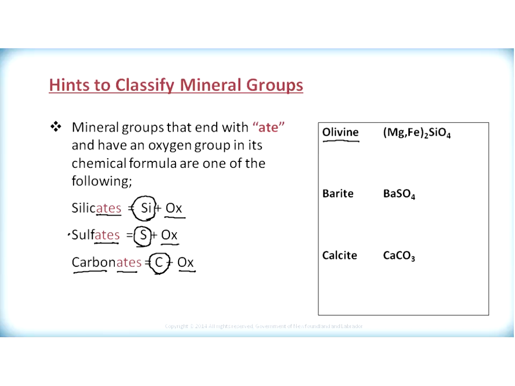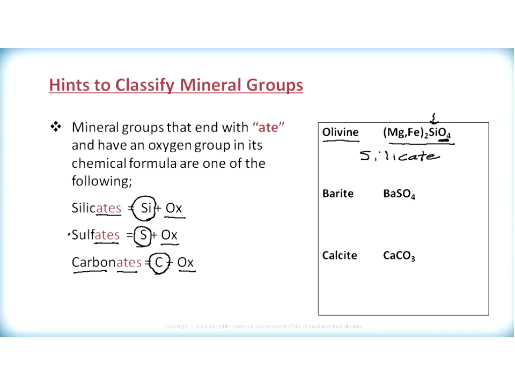Looking at the formula itself, we notice that it does have an oxygen group, O4, and the element directly in front would be silica. So the mineral olivine belongs to the mineral group silicate.